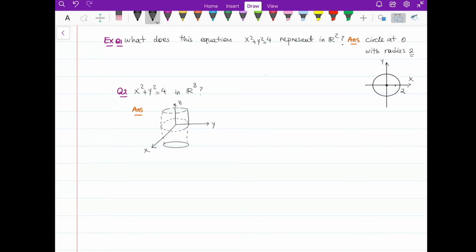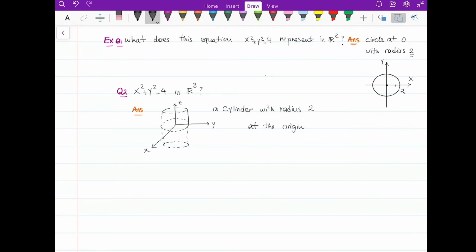As you see, this is a cylinder. It's a cylinder with radius 2 at the origin, right?